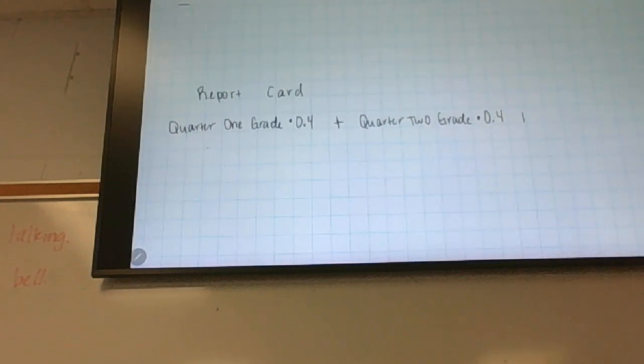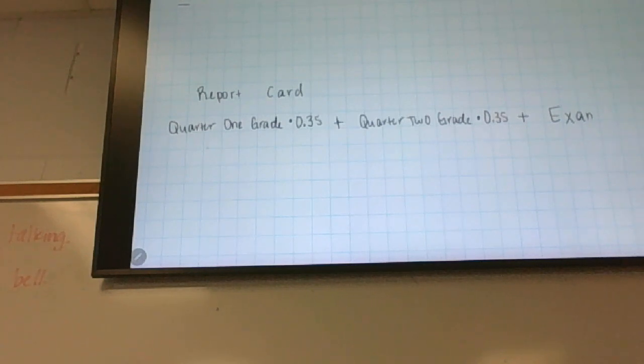And the last thing you add in, oh shoot, this is an EOC class. Yeah, I gotta change this. This is a different scale than my other class. This is actually 0.35.